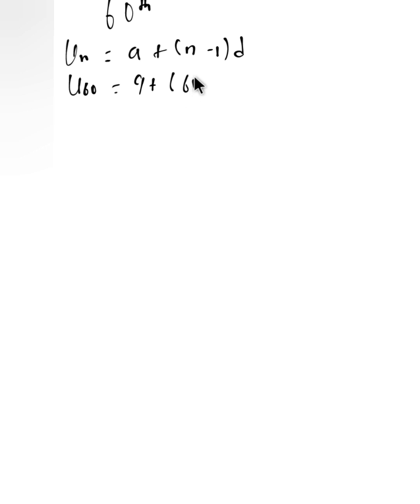So let's solve for B. In B, we are to find the 60th term. We're looking for the 60th term. Now Un is equal to a plus bracket n minus 1 d. So U60 is equal to a, which is 9, plus bracket 60 minus 1, because n is 60, d is 4.